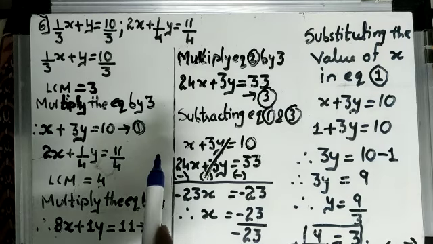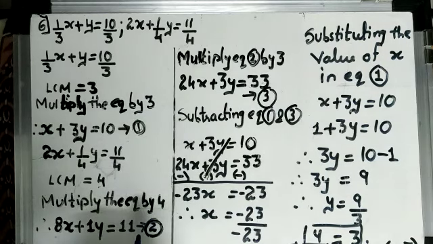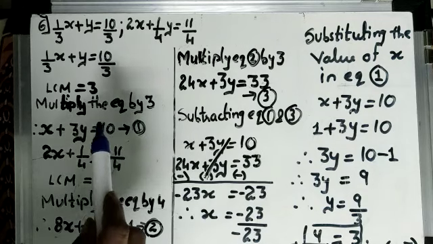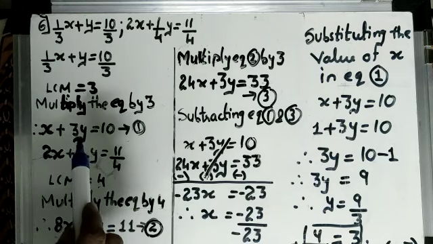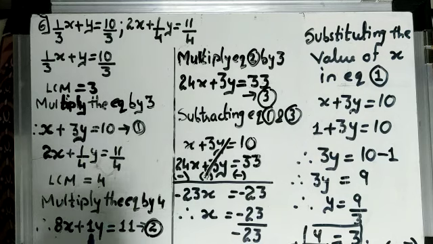Now, since we have equation number 1 and equation number 2, it's time to see which variable has the same coefficient. For y, here it is 1 and here it is 3. I can change this 1 into 3 by multiplying the entire equation by 3.